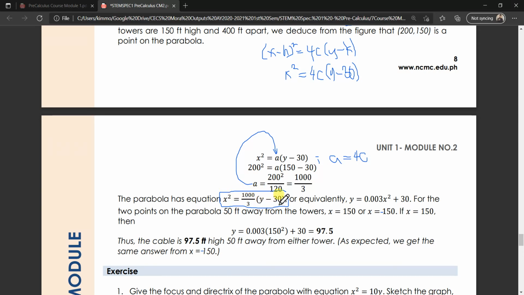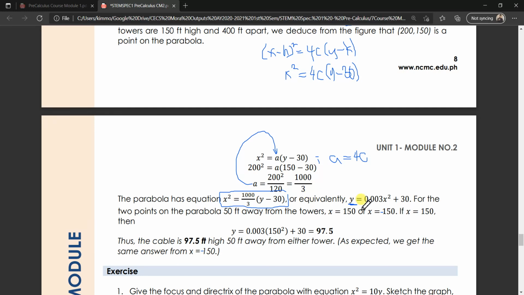By the way, this equation can be manipulated into something like this. Since y man ang atong gipangita or the height sa atong cable, so that is simply 3 multiplied to x squared, so we have 3x squared. After that, divided by 1,000.